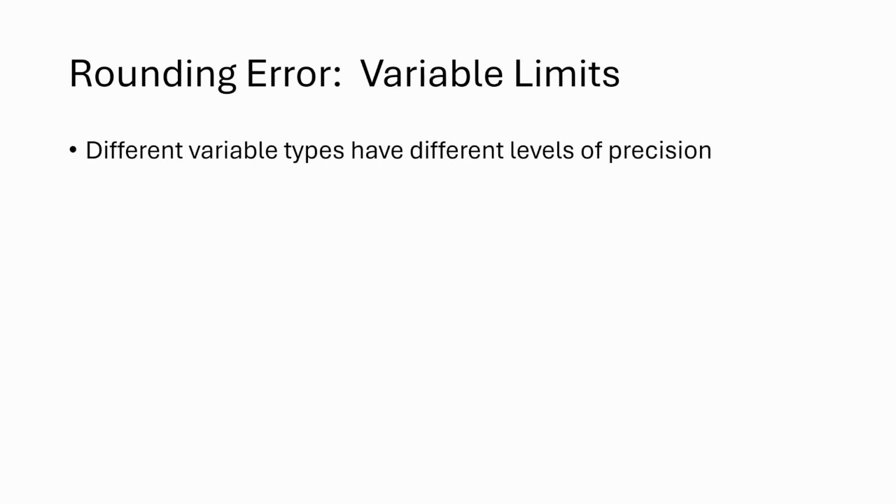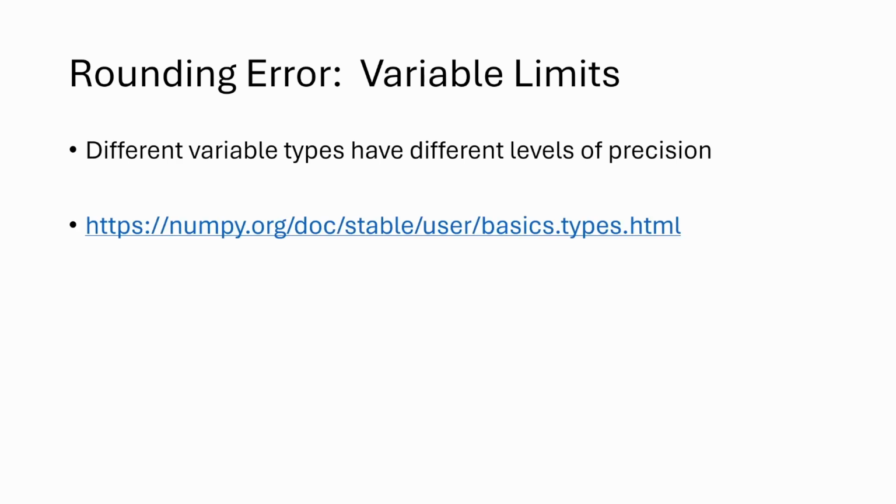Now, we have different variable types. Some of them are more precise than others. If you want to know details, get into the documentation. For our purposes in this class, floating point numbers or floats are going to be sufficient for most, if not all, of what we do. But there are double precision and extended precision variables that have even more decimal places if you need even more precision for a certain task.